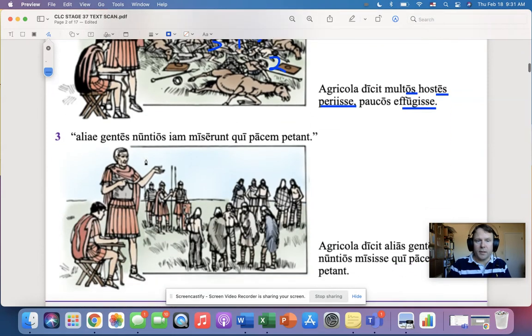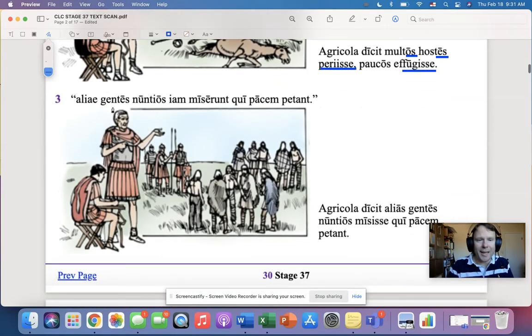Last one: aliae gentes nuntios iam miserunt, qui pacem petant.